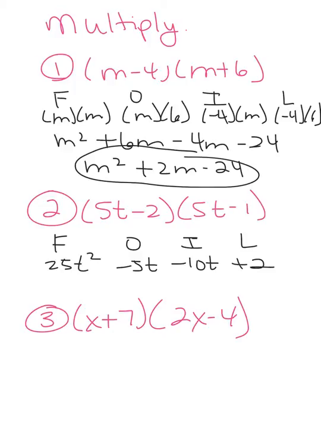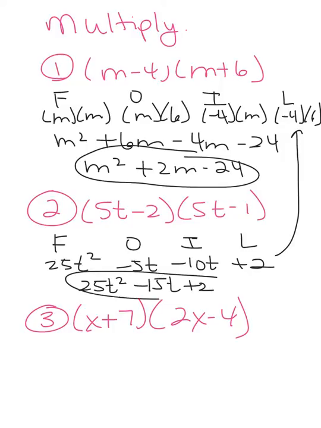Now notice, I wrote out FOIL to help me, but I did not do that other step that I had in number 1. You can kind of decide with your comfort when you can stop writing everything out. So when I combine my like terms, I get 25t squared minus 15t plus 2, which is my final answer.